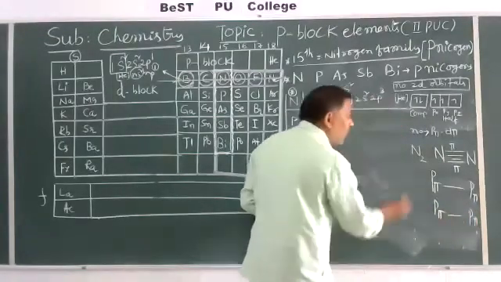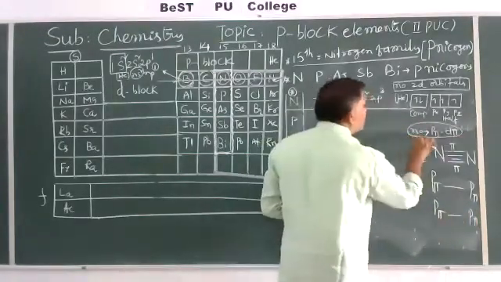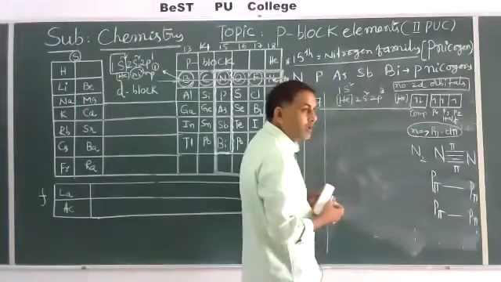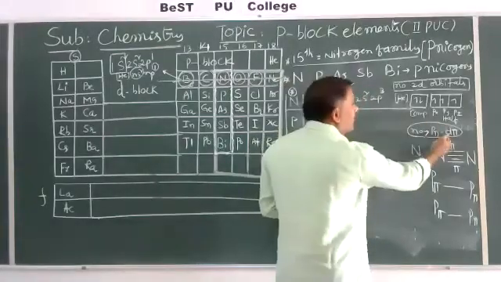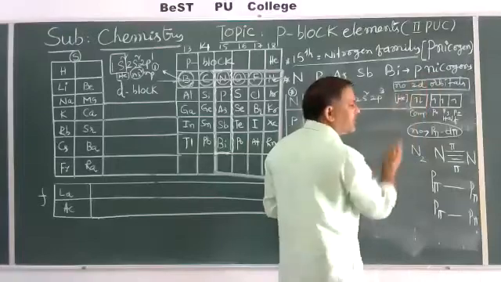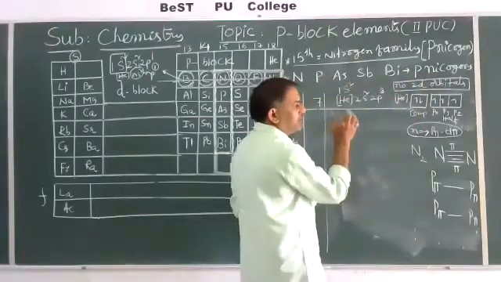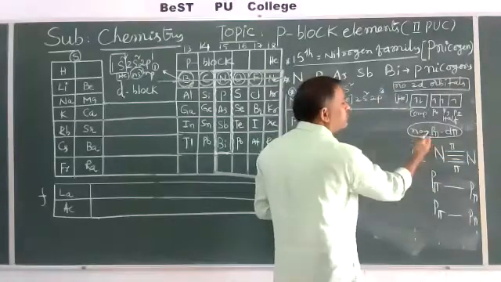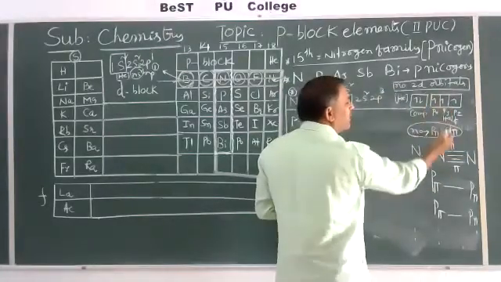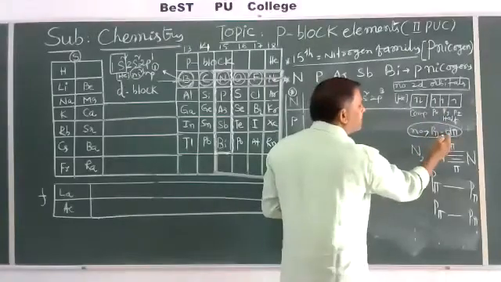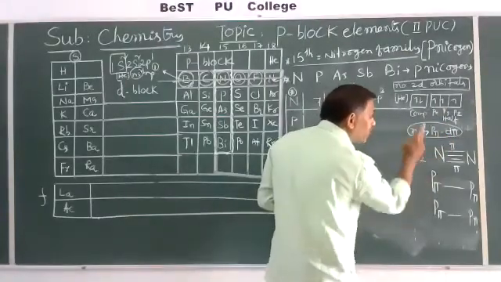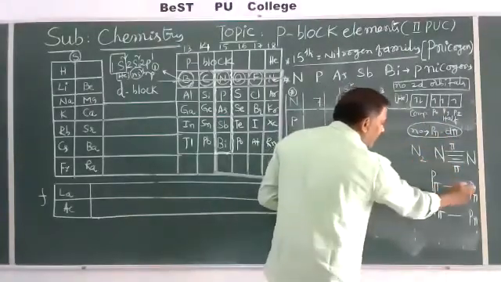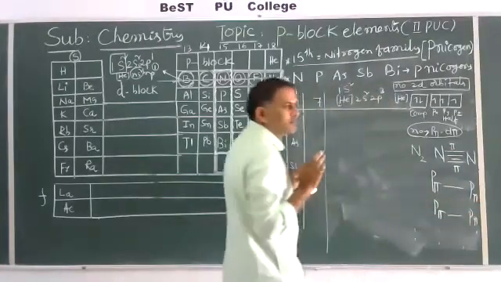There is no d pi and p pi bond. Why? Because there is no d orbital. The 2d is not present in the nitrogen atom in its outermost orbit. That's why it cannot be excited, only up to 2p. So it does not form p pi and d pi bonds. It forms only two pi bonds, p pi and p pi.